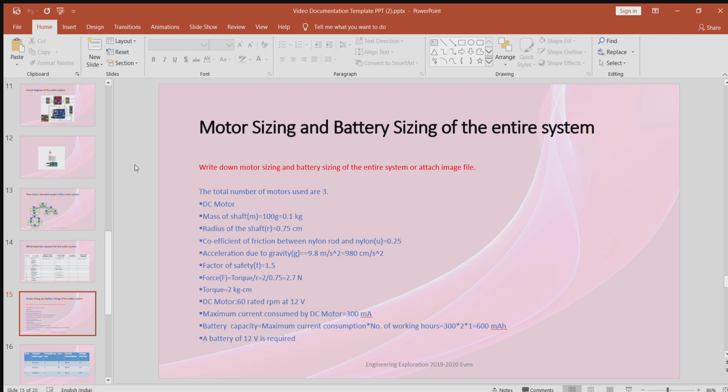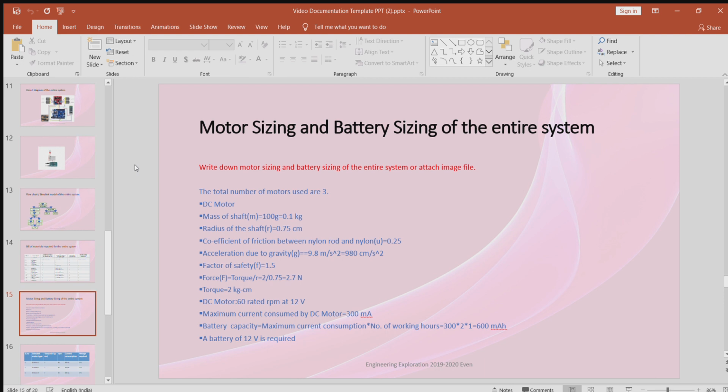Factor of safety F equal to 1.5. Force, which is equal to torque by radius, equal to 2 divided by 0.75, which gives 2.7 newtons, and the torque goes on with 2 kg centimeter. The DC motor is 60 rated RPM at 12 volts.